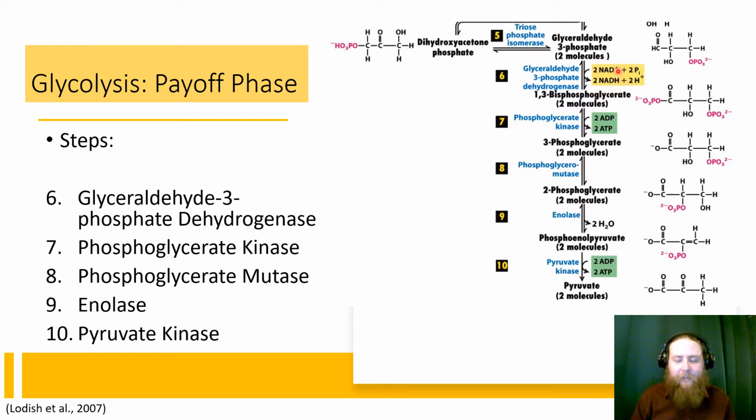These two NADHs can either be recycled to start glycolysis over, or they can go into the citric acid cycle. So there are a couple of different uses from there.